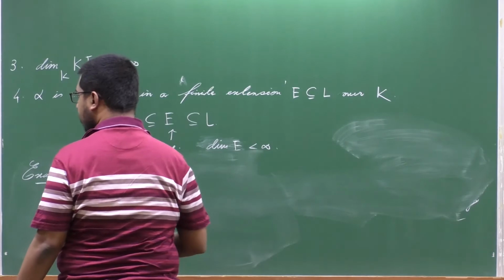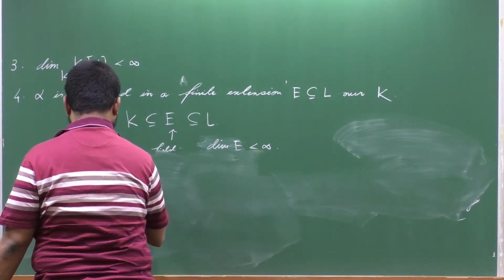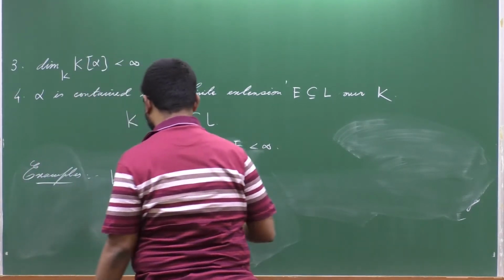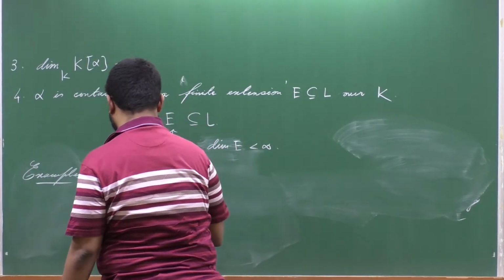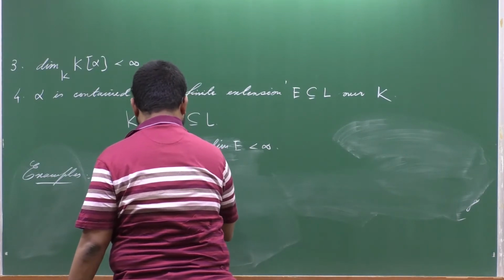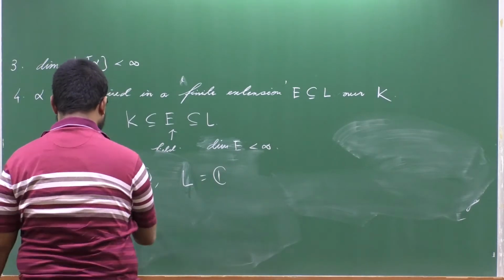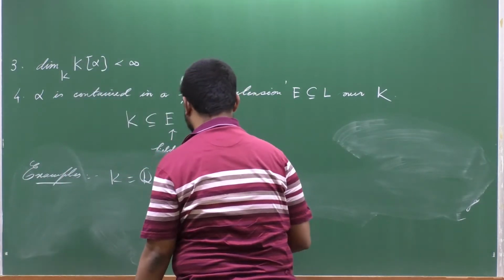For example, if I take K to be Q, and let us say E, or L, to be C, or perhaps any subfield of C, then these are examples of algebraic elements.